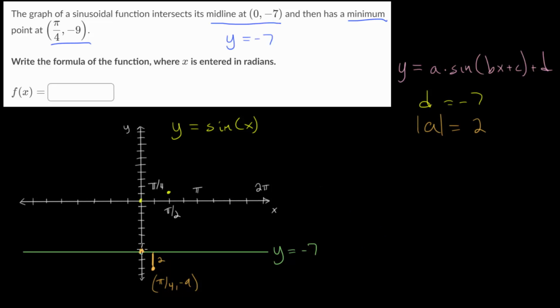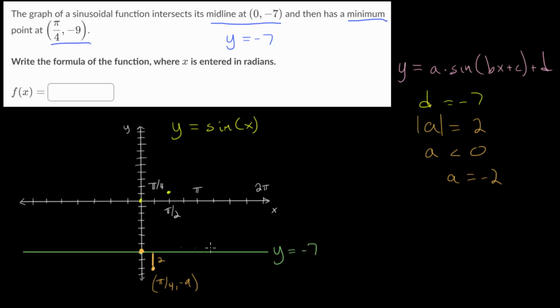But down here, it looks like we're going to a minimum, which would be a reflection of the normal sine function. So we can actually determine that a is less than 0, or it's a negative number. A is -2 since we have a reflection here.